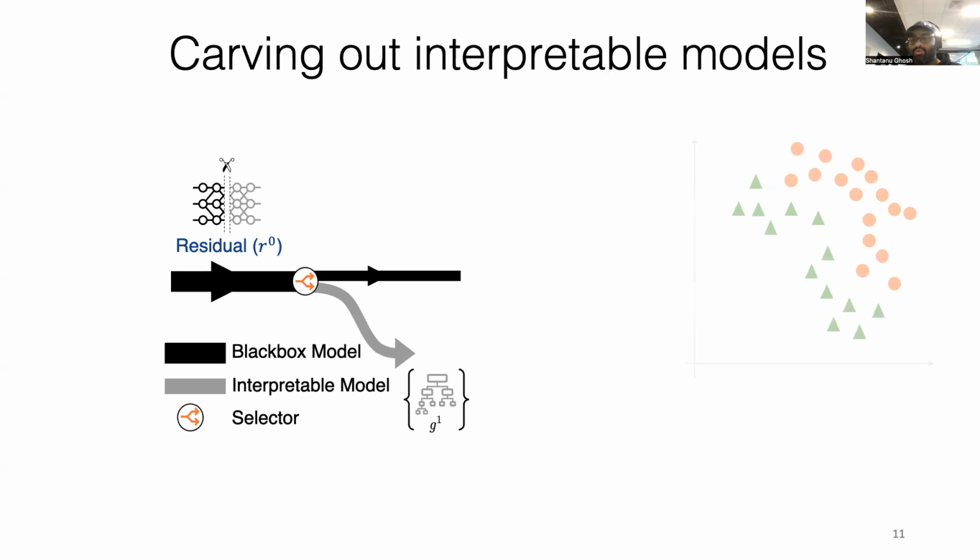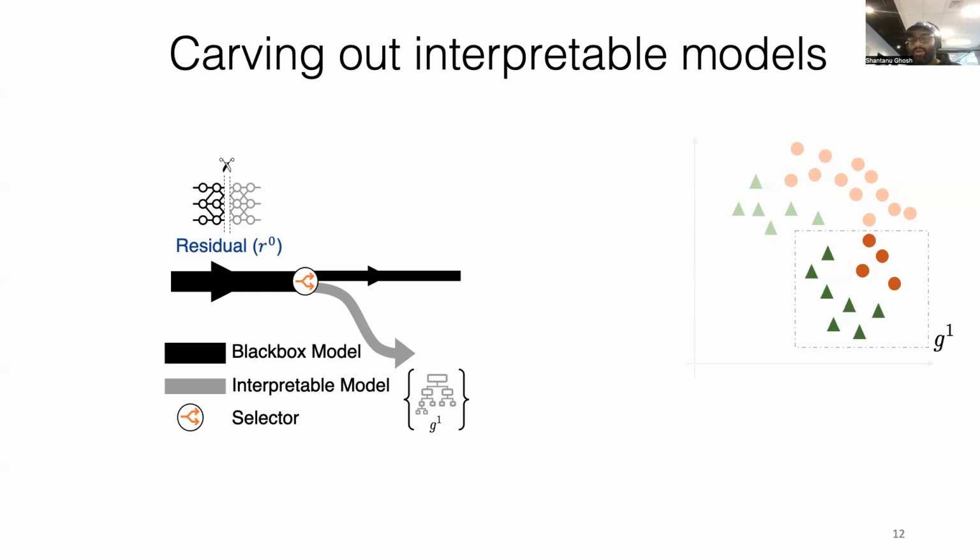So what do we do when we discover those concepts? We find a rule in the form of first-order logic to combine the concepts and mimic the behavior of the black box. However, these rules are usually very simple and work well only for a subset of data.